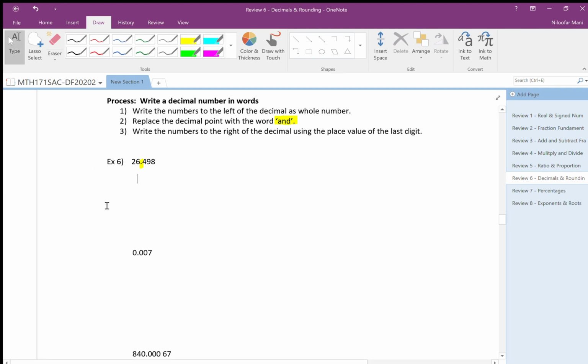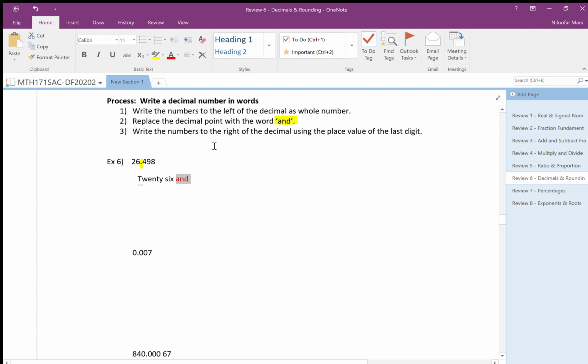What is the number here? 26, and 490. Okay, see, I don't use any th until the end. 98 hundredths.